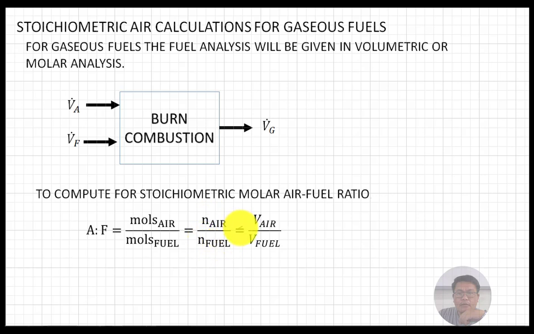Or it can be equal to the volume of air over the volume of fuel. So from here we can see that the units of our stoichiometric air fuel ratio are in terms of volume: volume of air over volume of fuel.